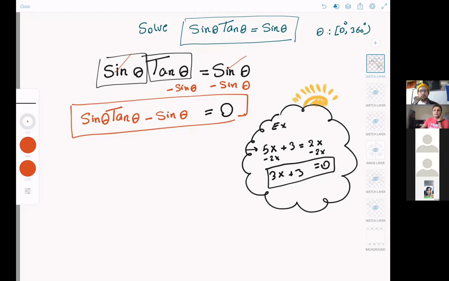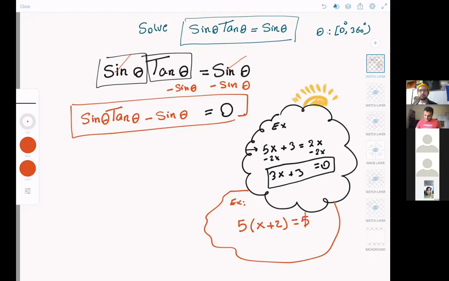Algebraically, let's make another example. For example, if we have 5 times parenthesis x plus 2 equals 5, we could cancel this 5, and there's no problem, this is great.